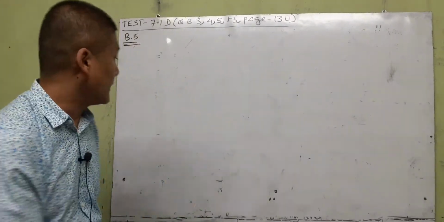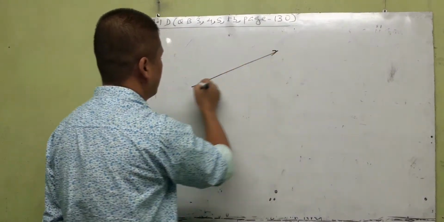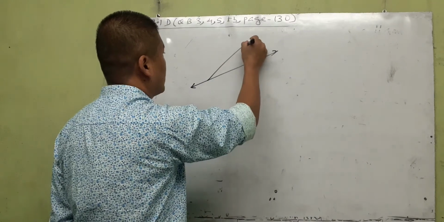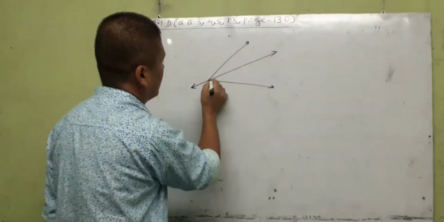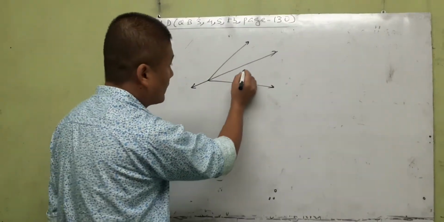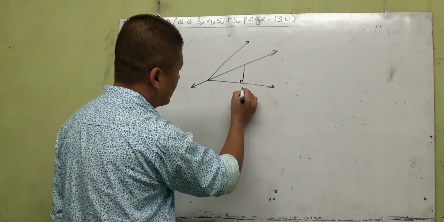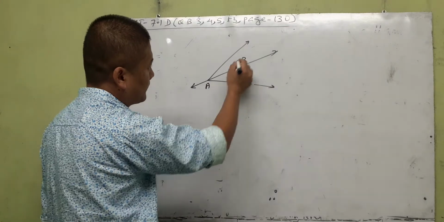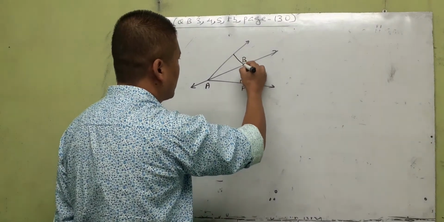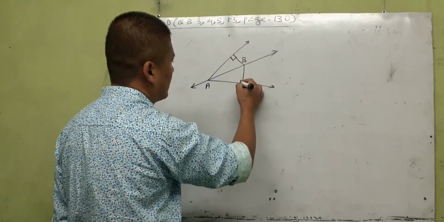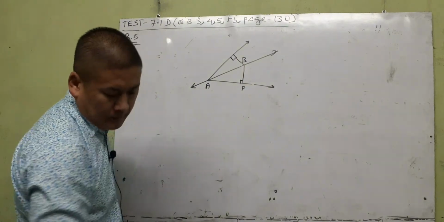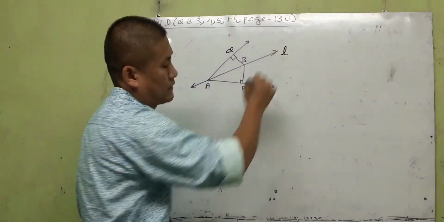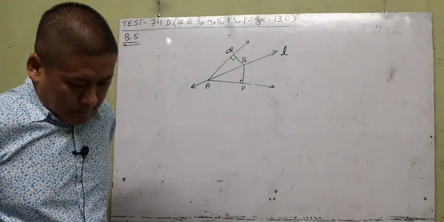Let's draw the diagram directly, because it's given there. See here a line like this and a line going this way and another line going this way, and then we see here a line dropping, making 90 degrees, BP, and here A. We see here another line going down perpendicular, 90. This is Q, and we may see this one mentioned as plane L also, and this much is given.